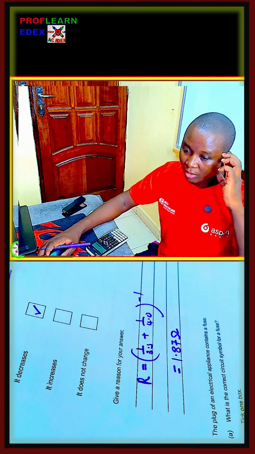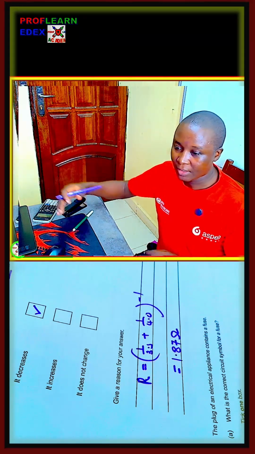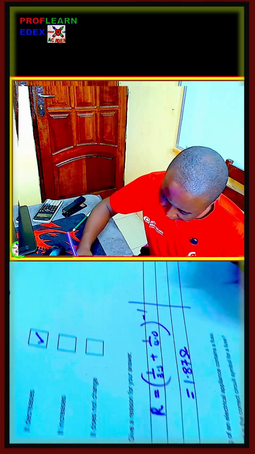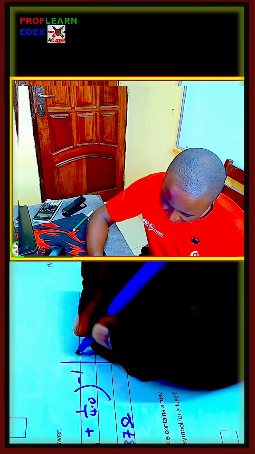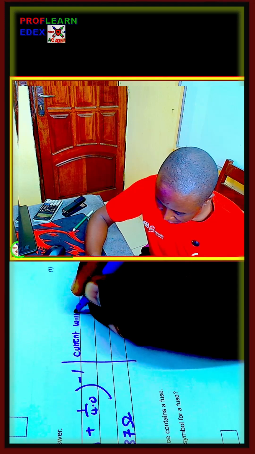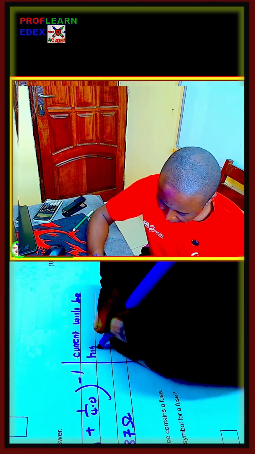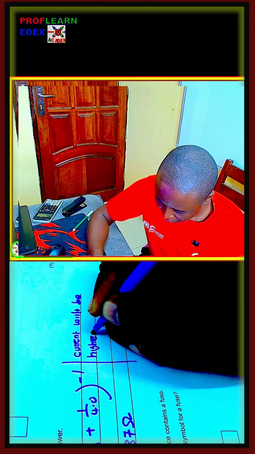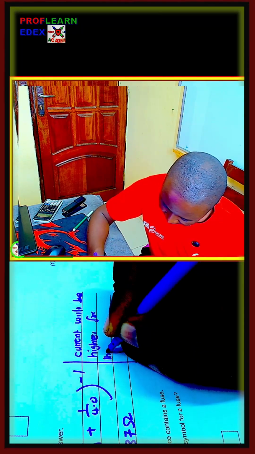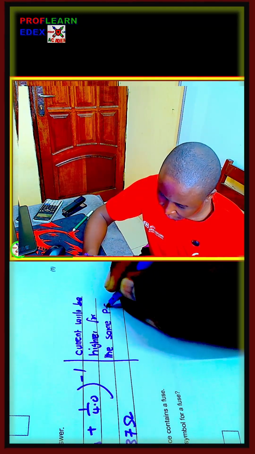So the reason we're going to give is that the current will be higher for the same potential difference. If you are asked for the reason, you're going to say the current will be higher for the same potential difference.